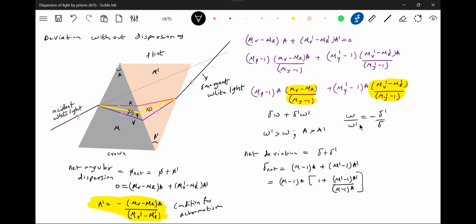then I'll adjust one more. Mu v minus, okay, this will be mu minus 1 A dash. We have derived an expression for A dash, no?